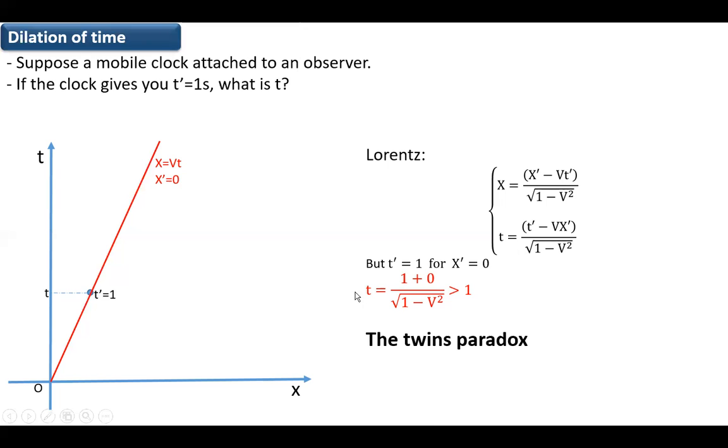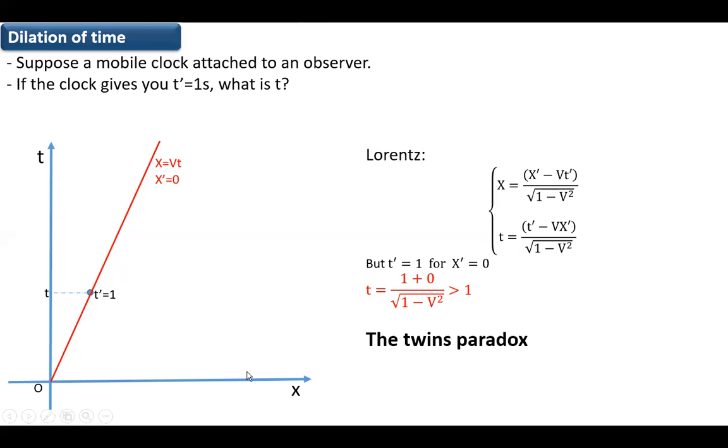Now you will tell me that t is greater than t prime. So how is t prime dilated? Don't look at the number. Look at the time or the space between two steps of time.